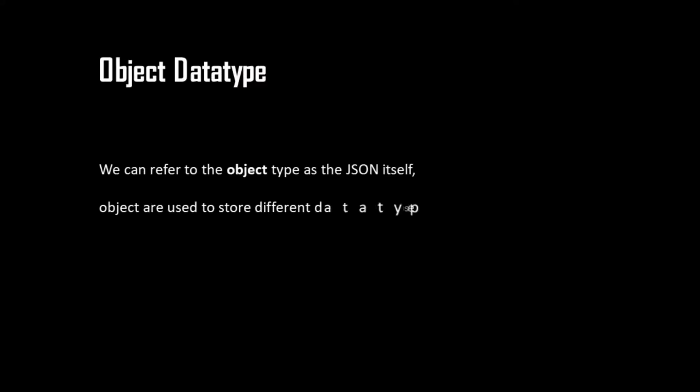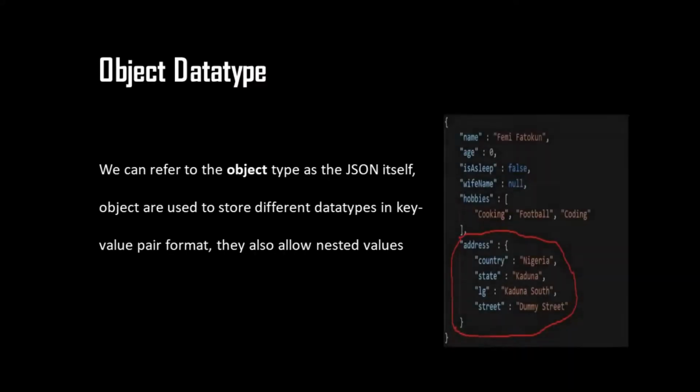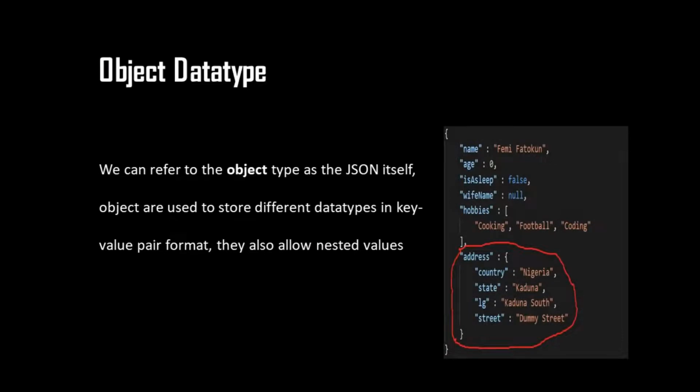So I'm going to talk about the object data type. We can refer to the object type as the JSON itself, because the object uses key value pairs to represent data, and JSON also uses key value pairs to represent data. The object is enclosed in curly braces, and JSON is also mostly enclosed in curly braces.